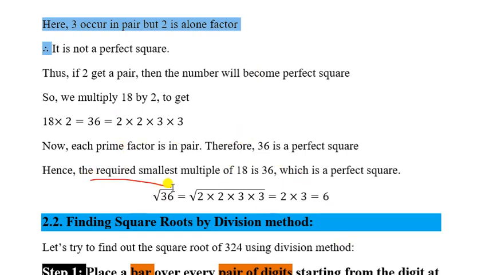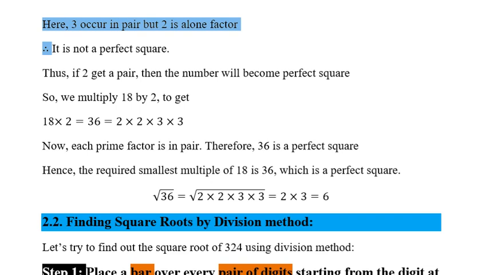Now the required smallest multiple of 18 is 36, which is a perfect square number. If we factorize 36, we get 2 into 2, 3 into 3, so the square root is 6. So 36 is the smallest perfect square number, and it is obtained when we multiply 18 by 2. This is the prime factorization method.